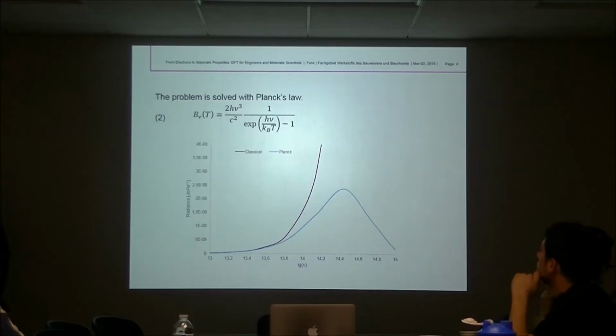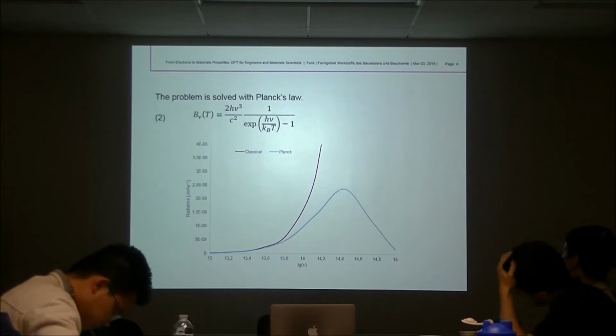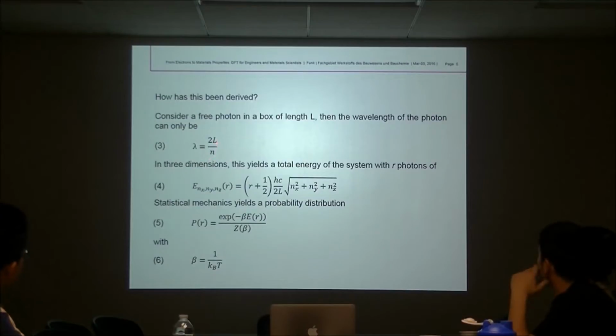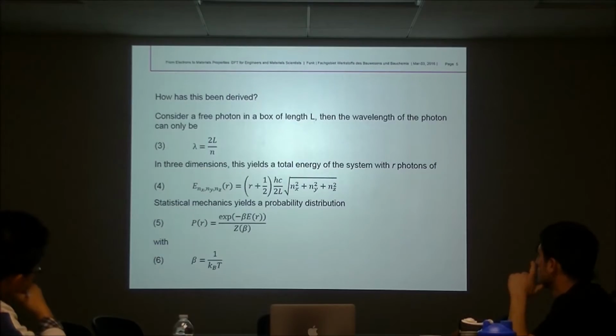What I wanted to show you with this is that by introducing such a quantum condition, we obtained the correct description. Now the question is, why did it fail? Why does the original classical law of Rayleigh-Jeans only fail for very high frequencies or short wavelengths?